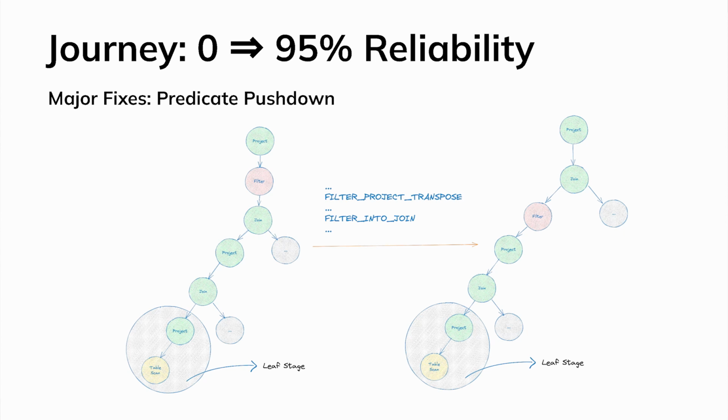But we were surprised: how is predicate pushdown not working, because it is supposed to work. Every database is doing it, so something must be going wrong in our implementation. What we found out was that Calcite has a heuristic planner which we use. There's also a Volcano planner, which is a cost-based planner, but as far as I know, only Flink is using it.